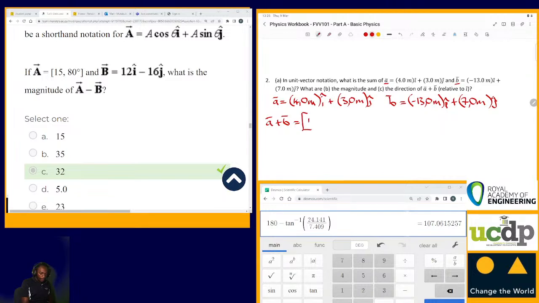So it's going to be 4.0 meters plus negative 13.0 meters in the I direction. Okay.